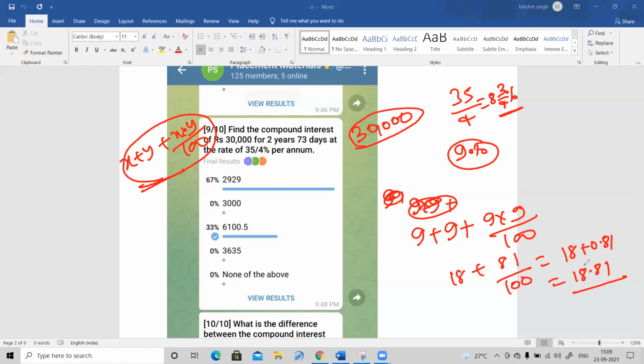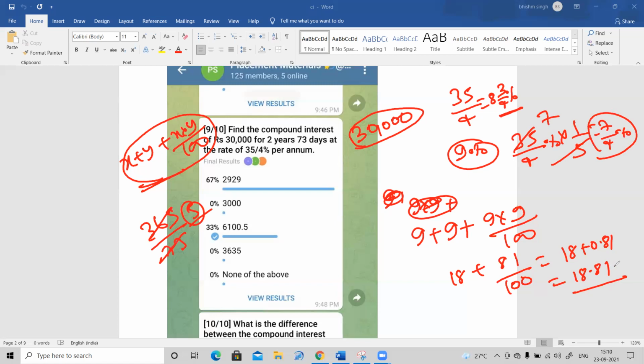And you have 35 by 4% for 73 days. You know that 365 days are there in a year. So 73 goes into it 5 times, so I take 1 by 5 of this one. 7 by 4% coming, almost 2%. So 18.81 plus 2, almost 20.5% will come here, of your principal amount.